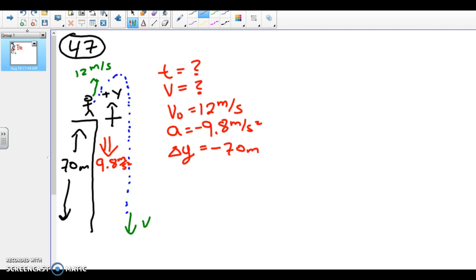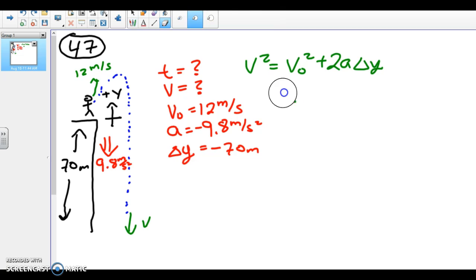Now, here's the problem. Let's start this. We should have enough information now to find at least the final velocity, right? So we can use the equation that has no time: v squared equals v naught squared plus 2a delta y. We solve it for v, so v is the square root of all this, plus or minus.